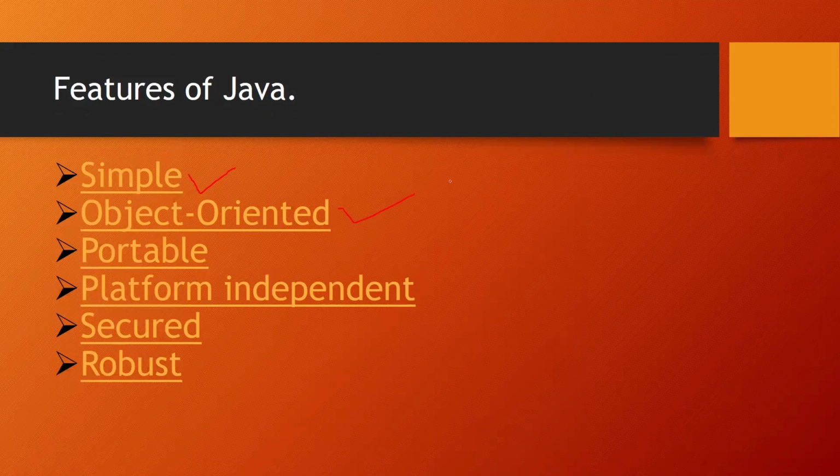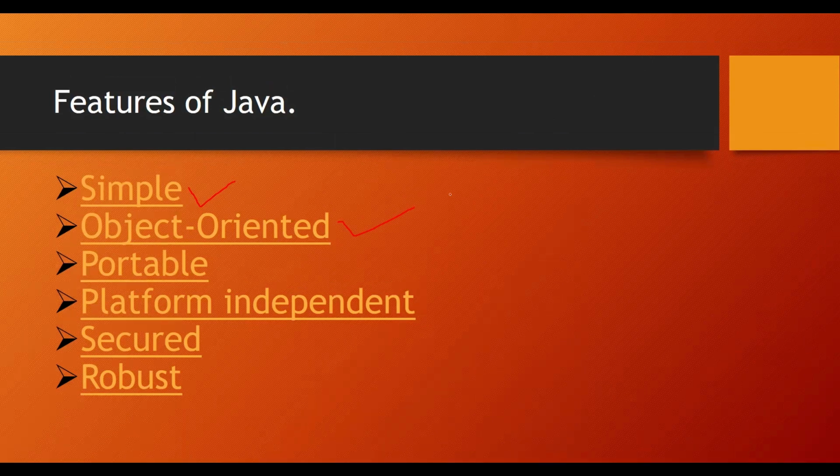Now let's understand the feature which is portable. Why is Java called portable? The reason is that, as you know, portable means if we can carry anything from one place to another place, that is called portable.